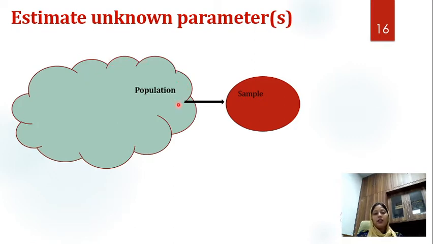Sometimes the testing is destructive, like testing the breaking strength of chalks or estimating the length of life of a tube light or LED. By the end of the testing, we will not be left with any of the units. So complete enumeration is possible but not at all advisable.